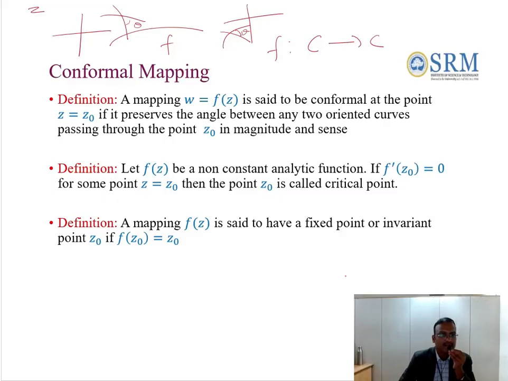The third definition is invariant points of the function f of z. The mapping f of z is said to have the fixed point or invariant points z naught if f of z naught equal to z naught, right? If you solve this equation f of z naught equal to z naught, that gives the invariant points or fixed points.